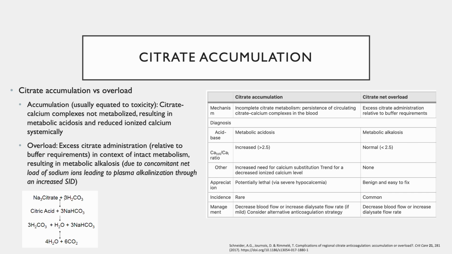You can explain it either through the fact that when citrate is metabolized, it dissociates into bicarbonate, or through the strong ion difference, with trisodium citrate resulting in an increased strong ion difference. But regardless, the clinical presentation is that of a metabolic alkalosis, and there is no systemic hypocalcemia. So this problem is not life-threatening as compared to citrate accumulation.